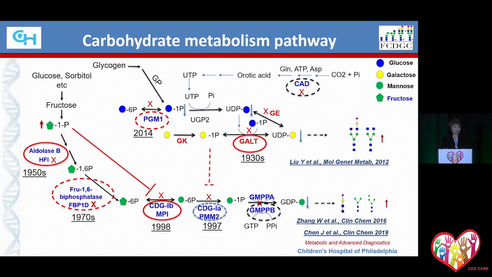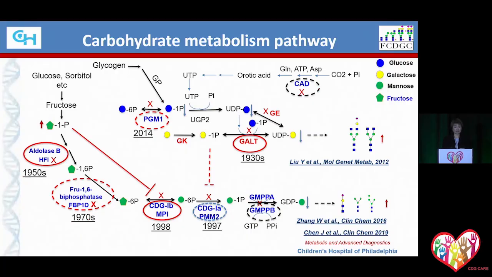There are two conditions there, a lot older than CDG. One is called HFI, short for hereditary fructose intolerance, and that was identified in the 1950s. Another one is rare, called FBP1 deficiency, also identified in the 1970s.